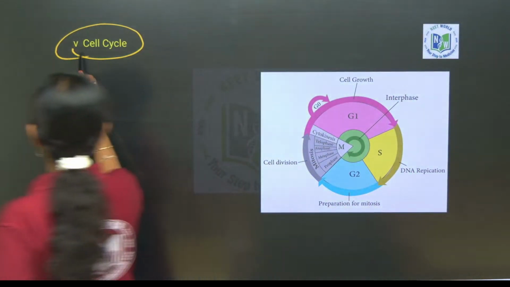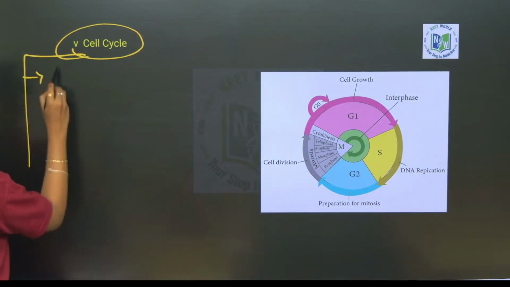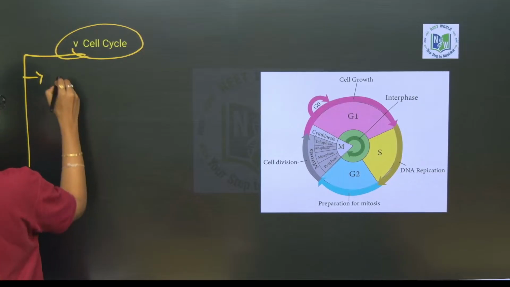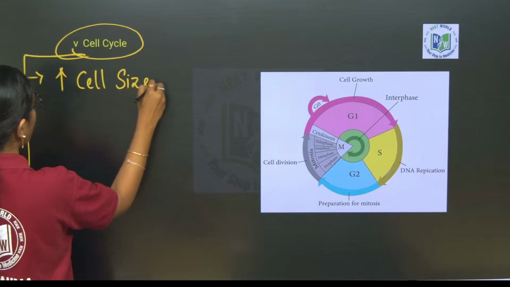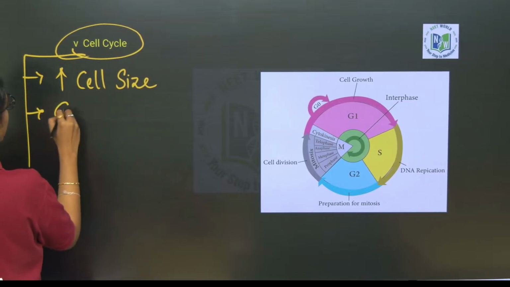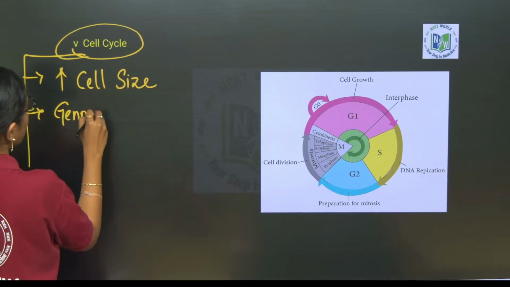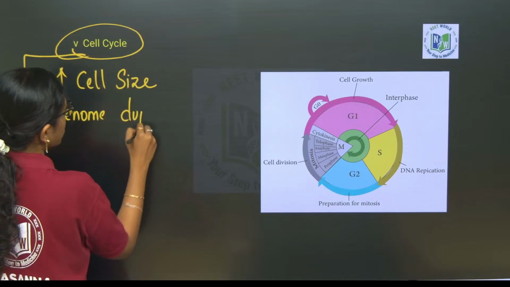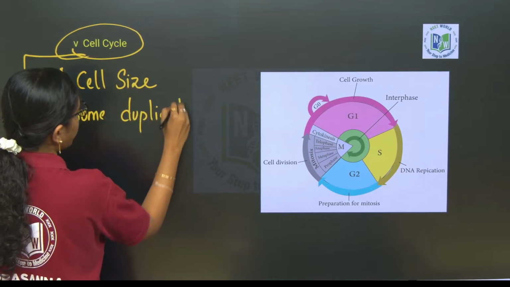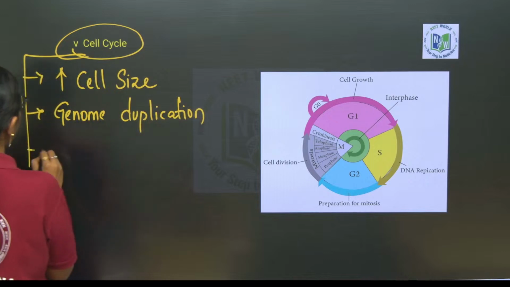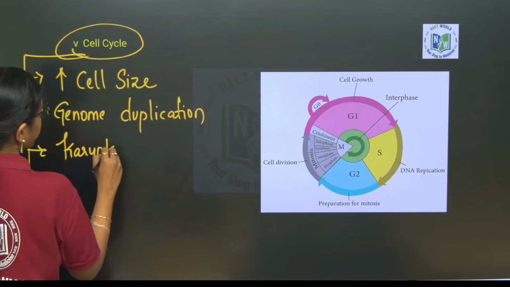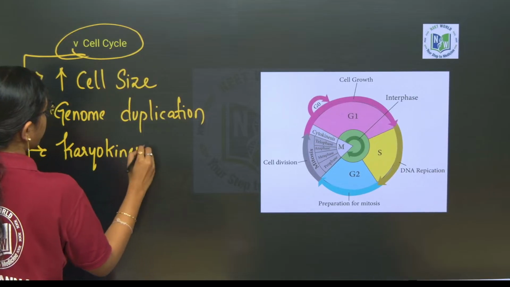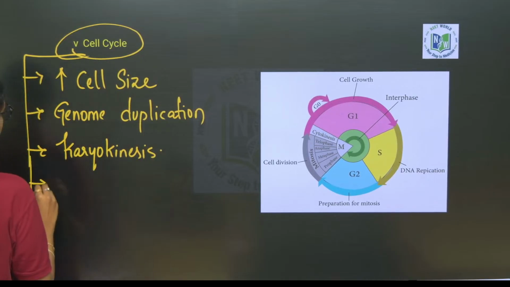What are those events? First is increase in cell size, take down, increase in cell size. Second is genome duplication, karyokinesis, and cytokinesis.